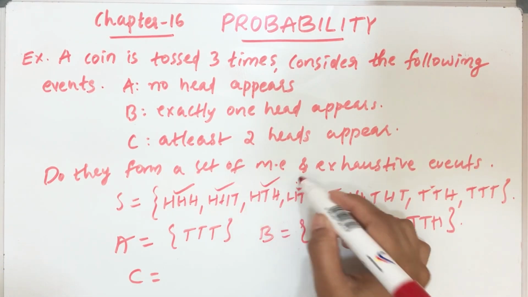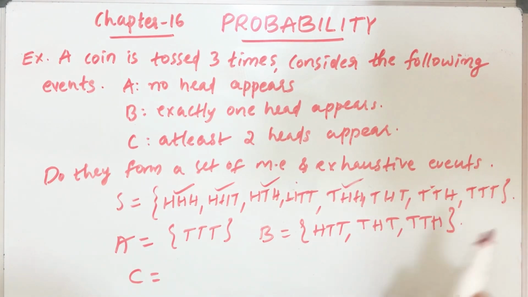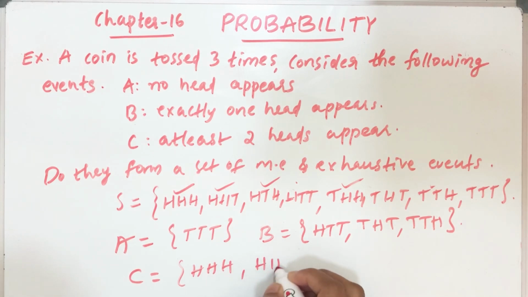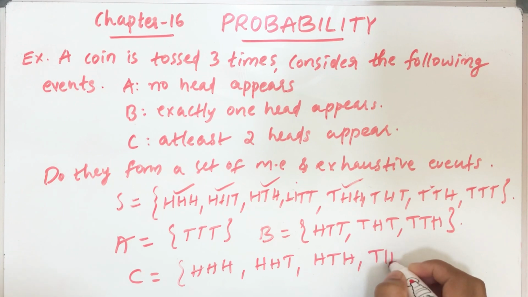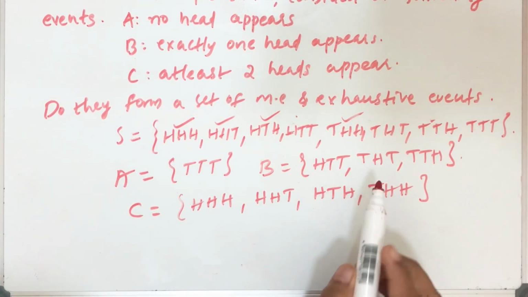So HHH, HHT, HTH, and THH. Now we can see whether they are pairwise disjoint.